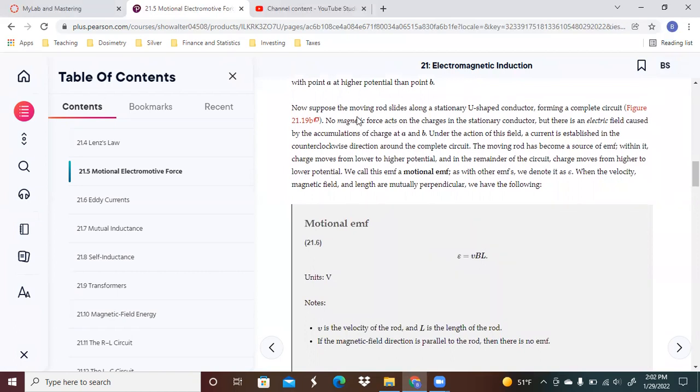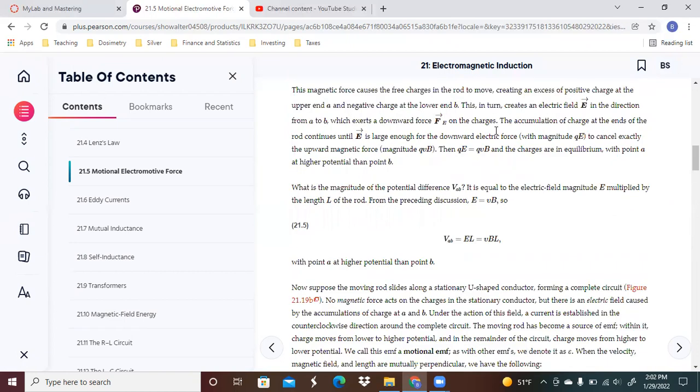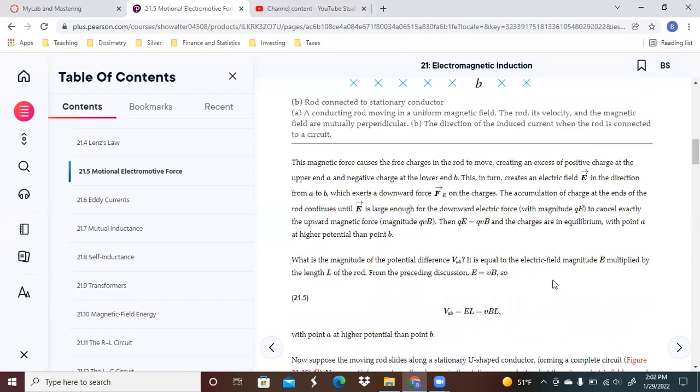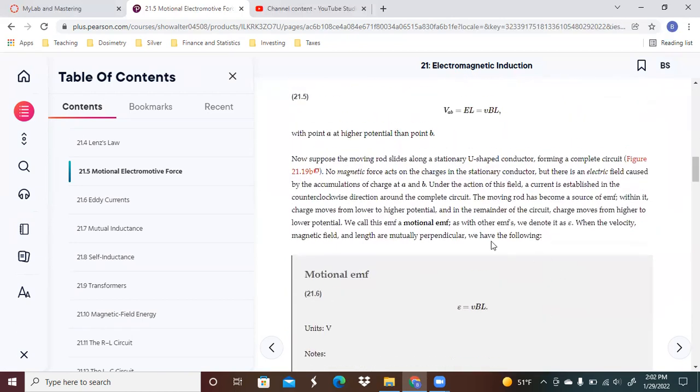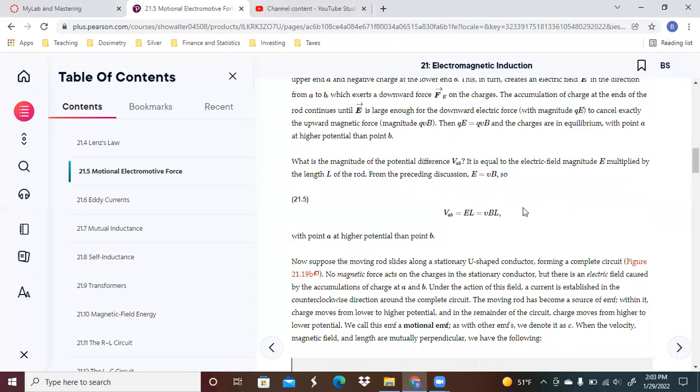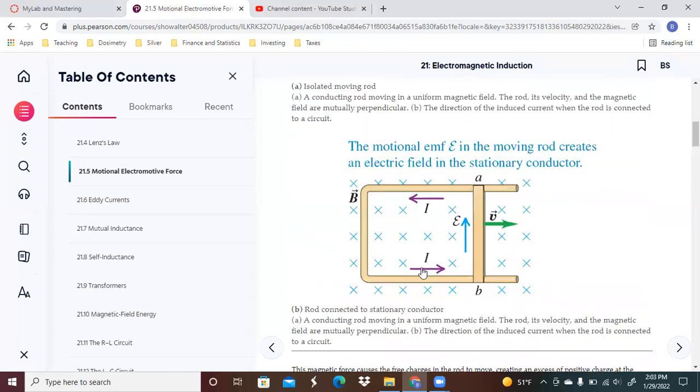So suppose the moving rod slides along a stationary U-shaped conductor, forming a complete circuit, just like what we had here. No magnetic force acts on the charge in the stationary conductor, but there is an electric field caused by the accumulation of charges at A and B. Under the action of this field, a current is established in the counterclockwise direction around the complete circuit, just as you see here.